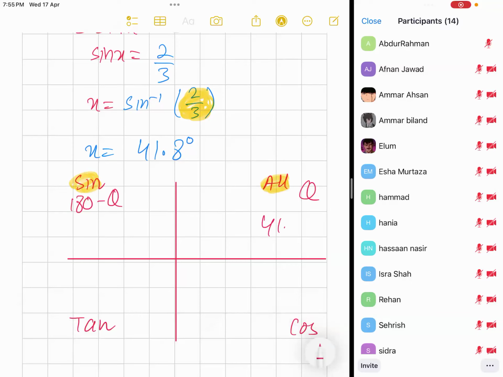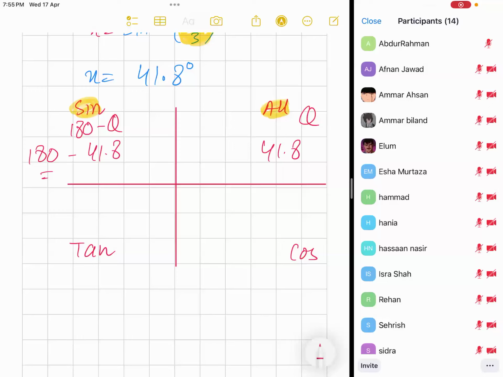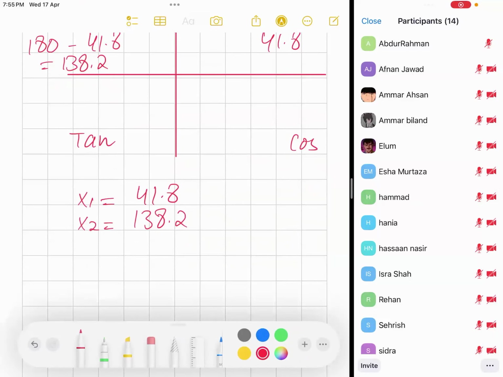Here we got 41.8, here 180 minus 41.8. What is the answer? 180 minus 41.8 is 138.2. Okay, now check please. X1 is 41.8 and X2 is having the same angle, 138.2. Now check in the calculator, you will get the same answers.